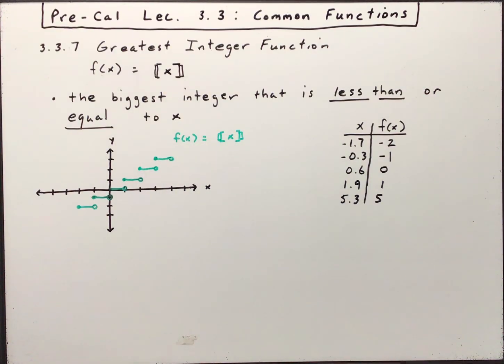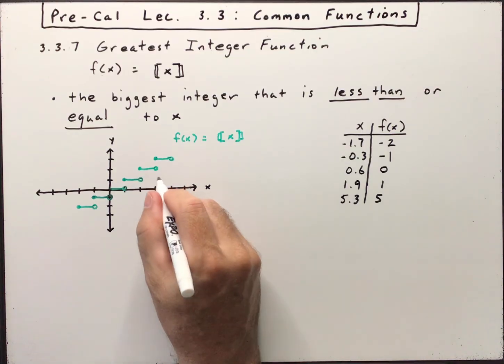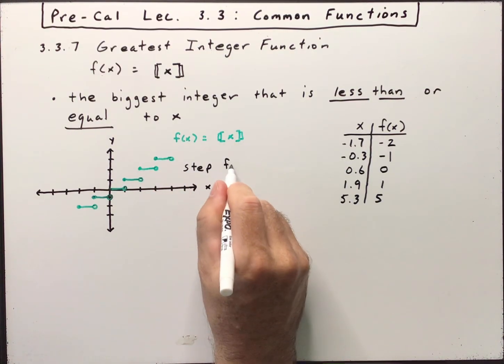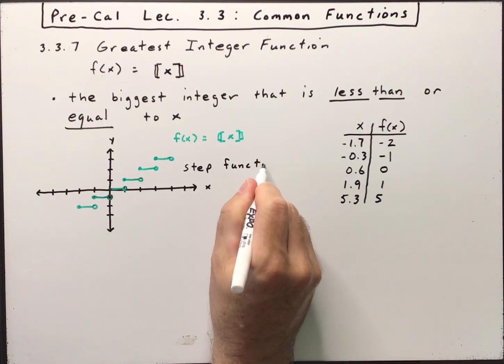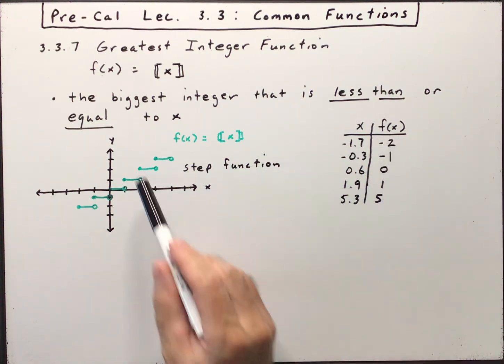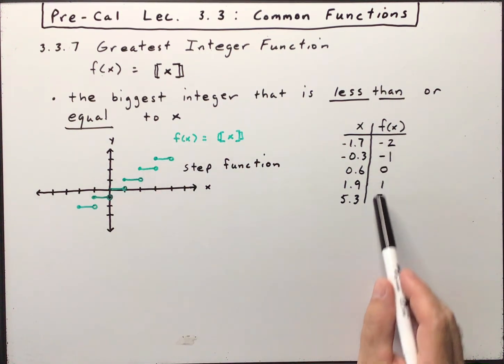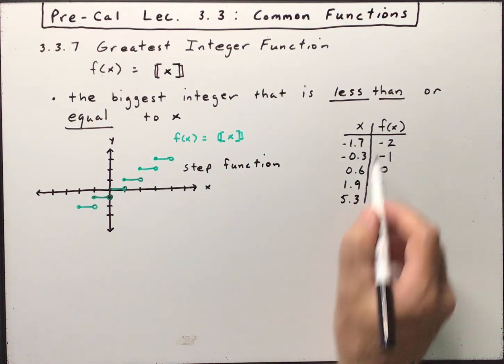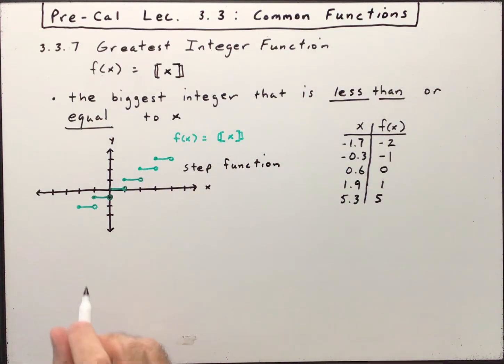This is called a step function. All right. So as long as you can do this part, you're not really going to have to draw it. We're going to do some examples now on greatest integer, but as long as you can calculate the greatest integer, you're good.